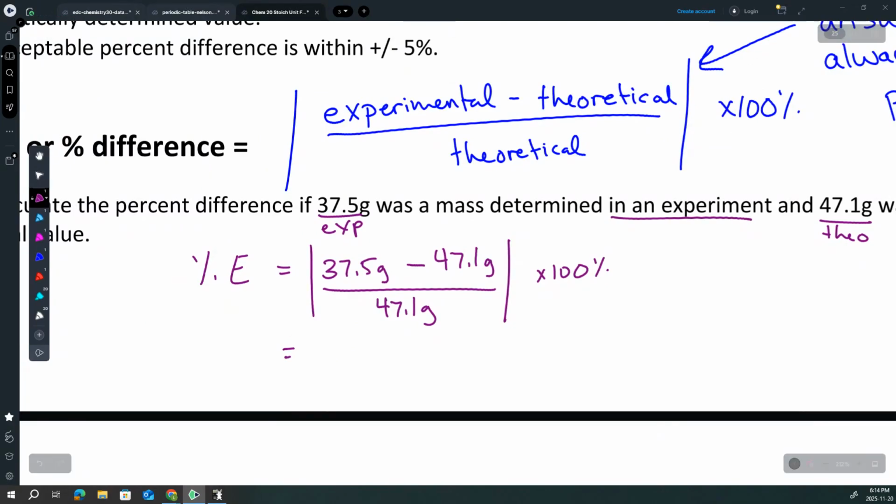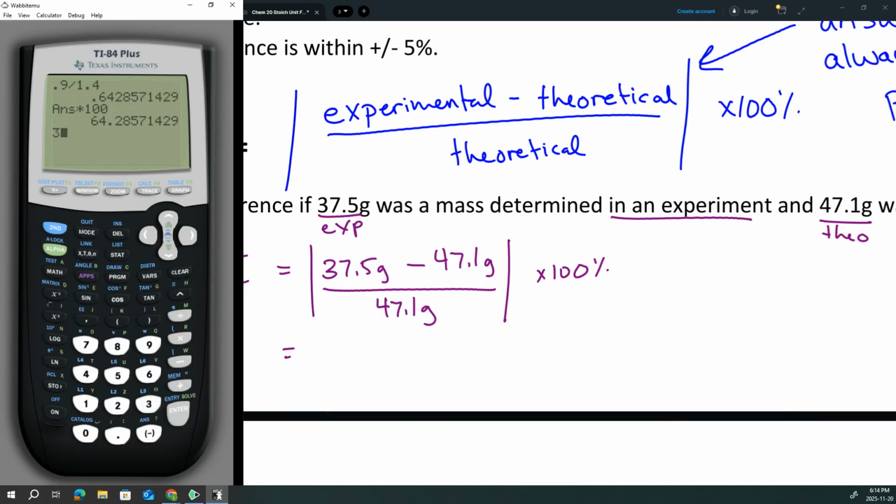If I do this here, we're going to go 37.5 minus 47.1, hit enter. Now we got a negative number, but that's fine. The absolute value signs will take care of it eventually. Divided by 47.1. I'm going to apply the absolute value signs, and this negative number will turn into a positive number.